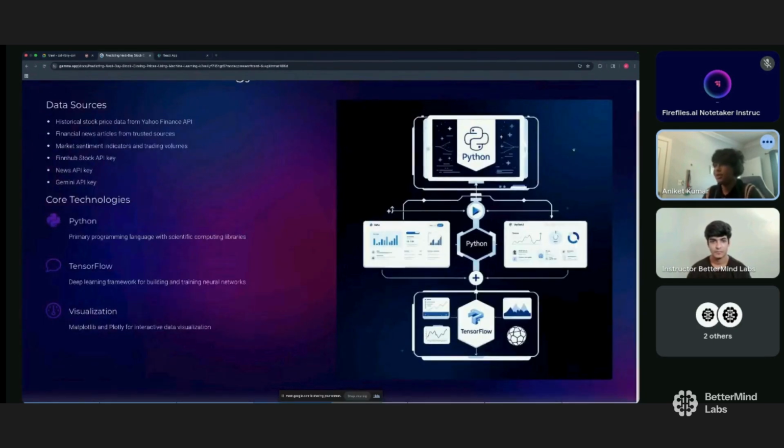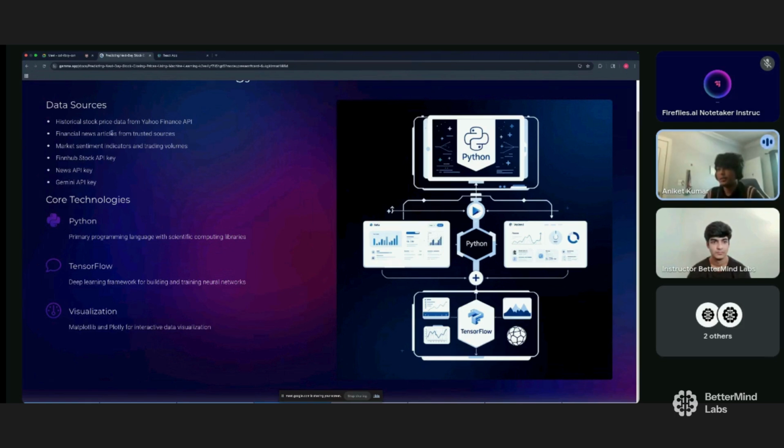So then there's data sources. We use the Yahoo Finance API. It's mainly for the actual stocks, and the model can analyze financial news articles from trusted sources. These news articles are just for the user to learn more about their stock. The Finnhub stock API key is also one of the main stock APIs, so the model can learn based off the current stock market.